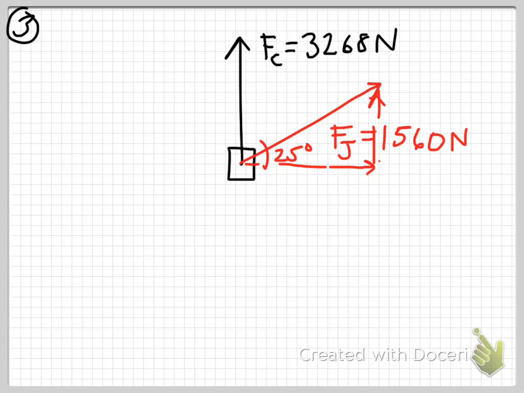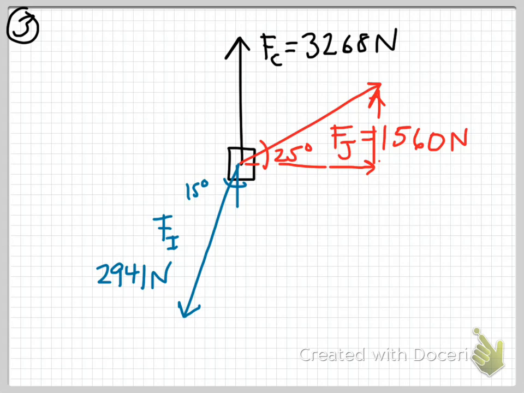We've got Isaac, also not courteous enough to push directly along a cardinal axis, so we have to resolve his force. And he is west of south at 15, so it's going to be like that. And these are not well drawn to scale, obviously, so this is force of Isaac, 2,941 newtons, and that's 15 degrees.